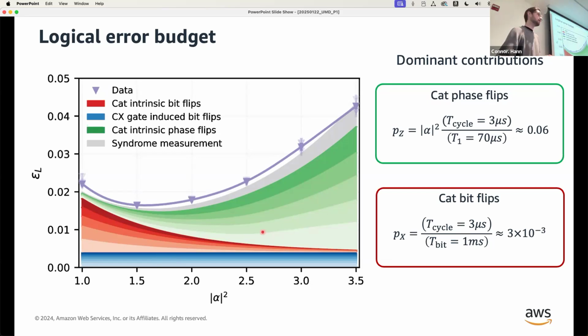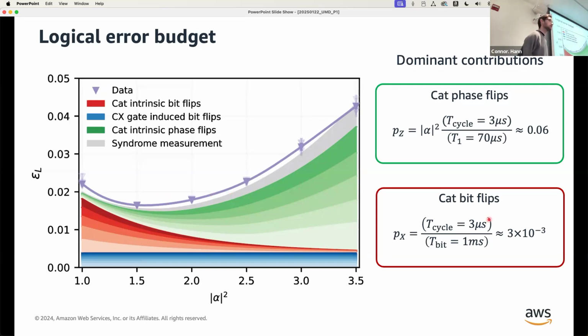In terms of the individual cat performance, I've written out some numbers here of what we expect of the phase flip and bit flip probabilities for these cats at the optimal points. They're around 6% and 3 times 10 to the minus 3. So we see some noise bias in these cats at this particular choice of alpha squared, around 1.5.